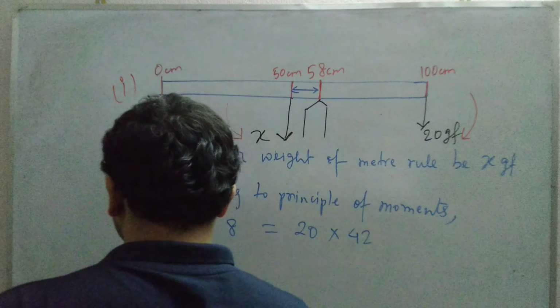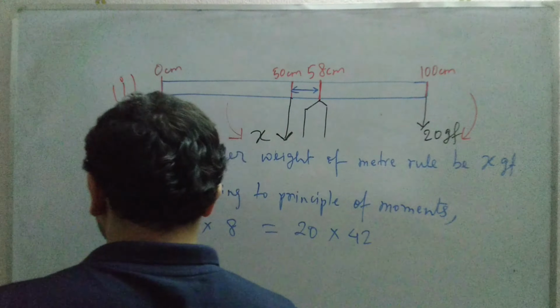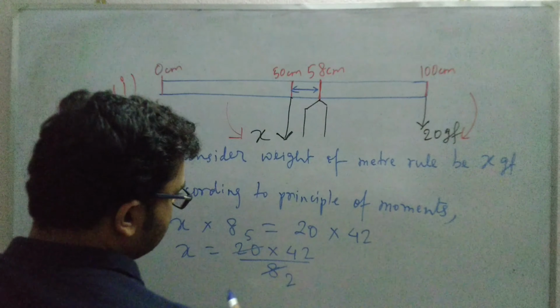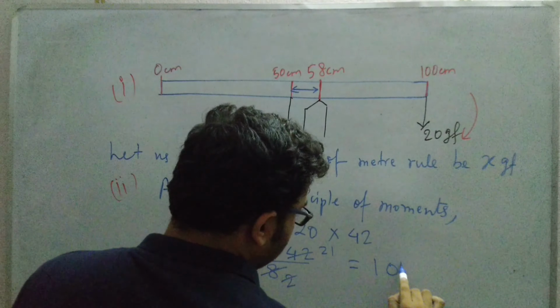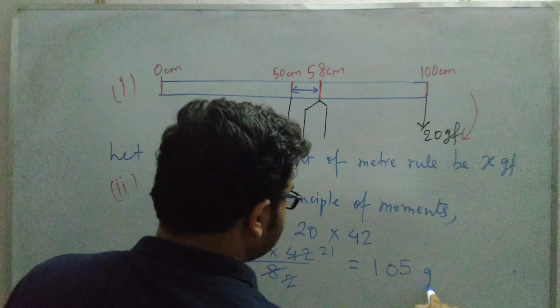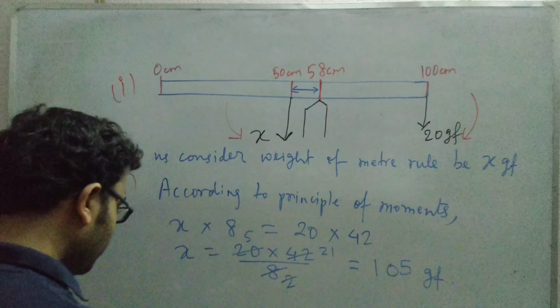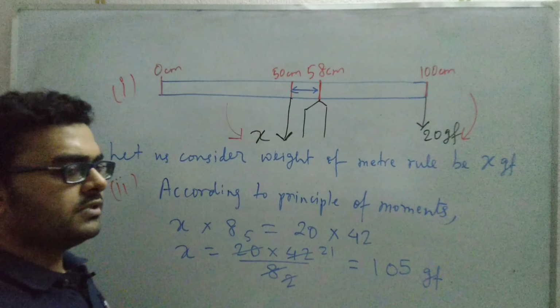So x will be equal to 20 into 42 by 8. If we just do the mathematical part, 4 5s are 20, 4 2s are 8, 21, so it turns out to be 105 gf. So this is the weight of the meter rule.